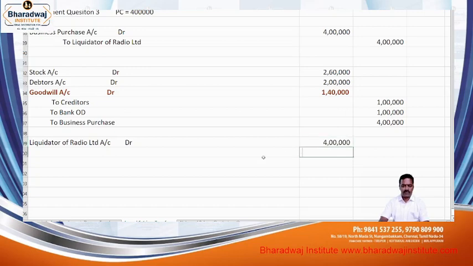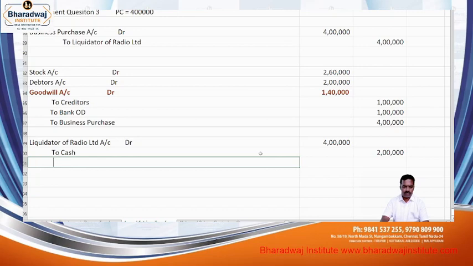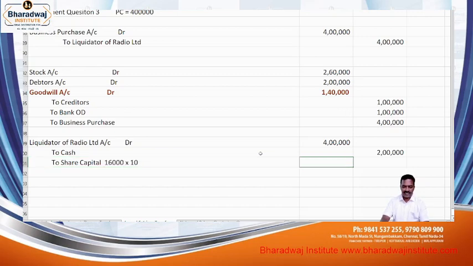To which one? To cash 2 lakhs. To share capital, the last problem: 16,000 shares into 10, 1,60,000. To securities premium 40,000.